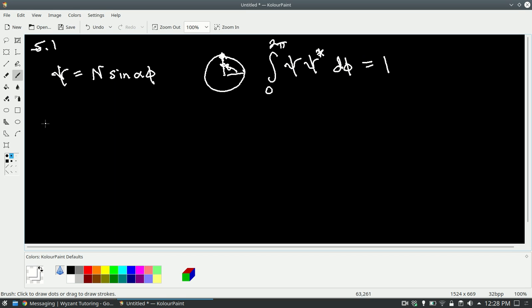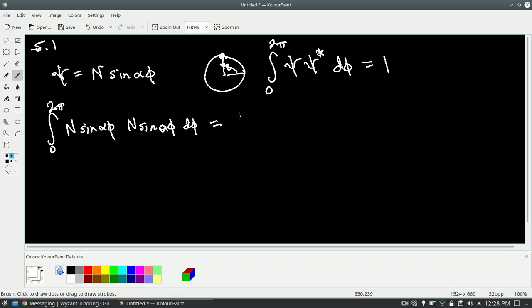All right, so let's do that. This is going to be the integral from 0 to 2 pi of N sine alpha phi times N sine alpha phi d phi.